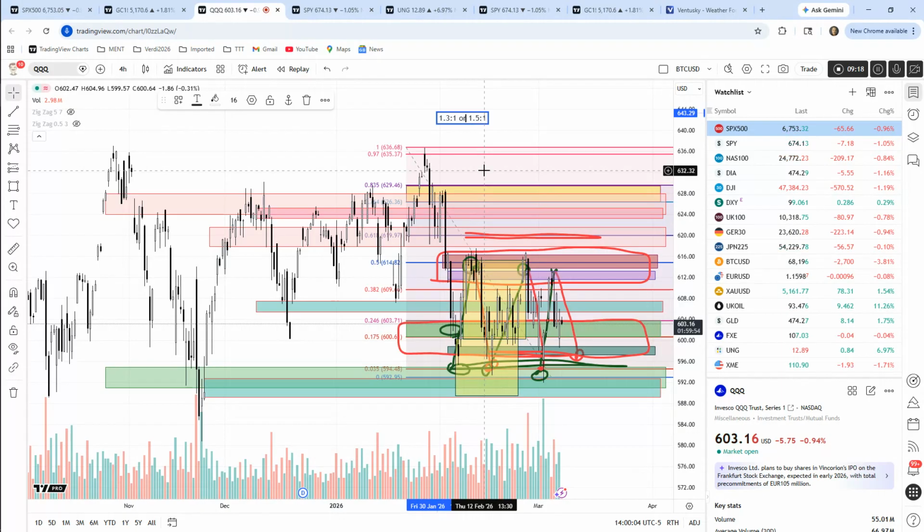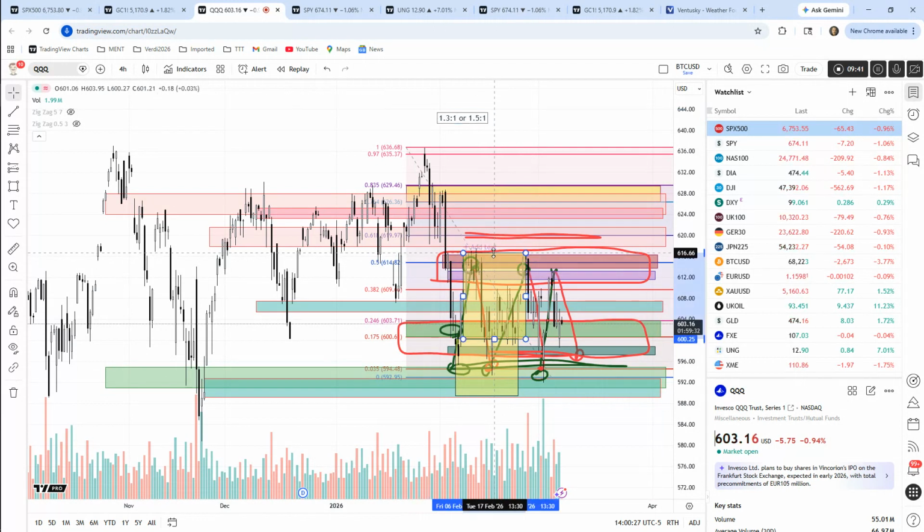You want to get your risk down if you can, at a 1.3 or 1.5 to 1 ratio as quickly and as efficiently as you can. So that means that you are targeting $1.30 for every dollar you risk. And the way you do that is basically you measure your risk range and your target range, and then your target range should be 1.3 to 1.5 times your risk range.